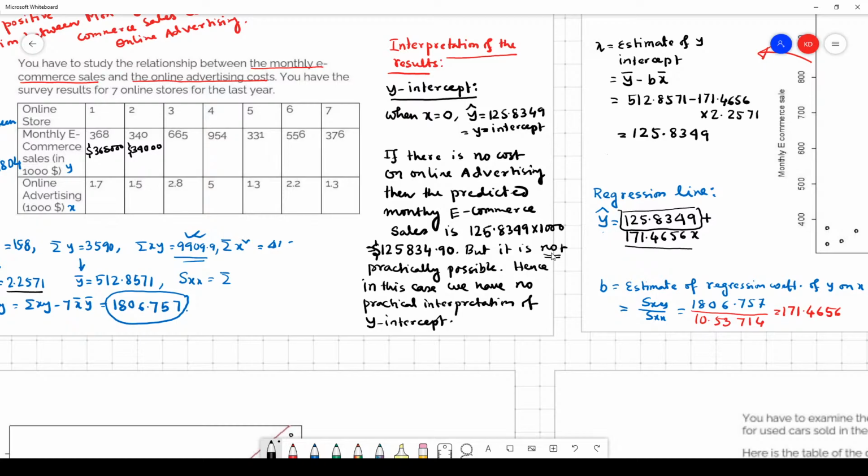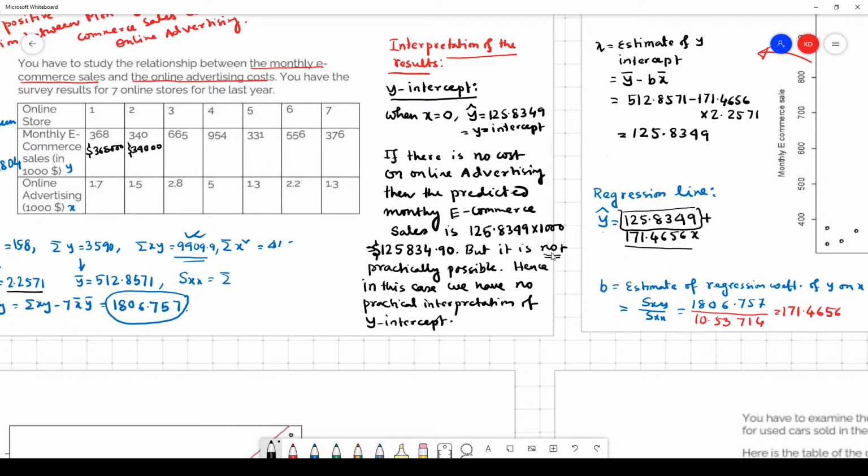Because monthly e-commerce sales is not possible without online advertising. If you use your practical sense, monthly e-commerce sales is not possible without online advertising. But the intercept means when x is 0, y hat is this, that means there is no cost on online advertising.